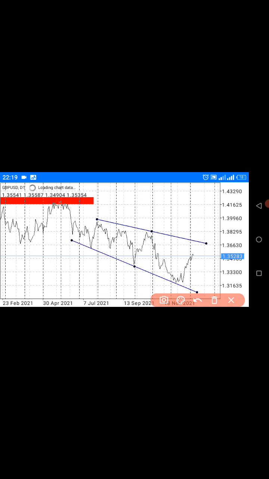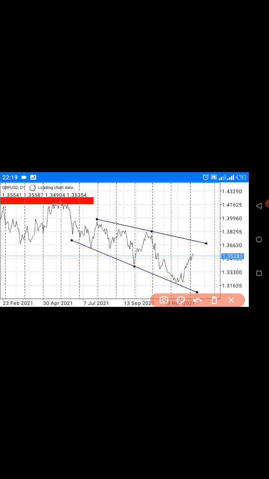This is what I really mean by the double touch. Price will come here like this. It's still a double touch. And price may go like this. No, that one is too much.